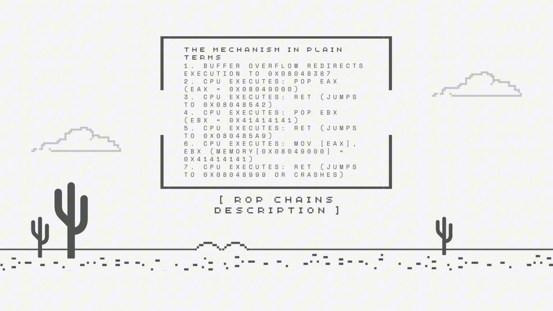Step 5, CPU executes RET, pops 0x0804859 from stack and jumps there. Step 6, CPU executes MOV, EAX, EBX, writes 0x41414141 to address 0x080490000. Step 7, CPU executes RET, either jumps to next gadget or crashes. And there you have it, we've accomplished a memory write using only existing code.